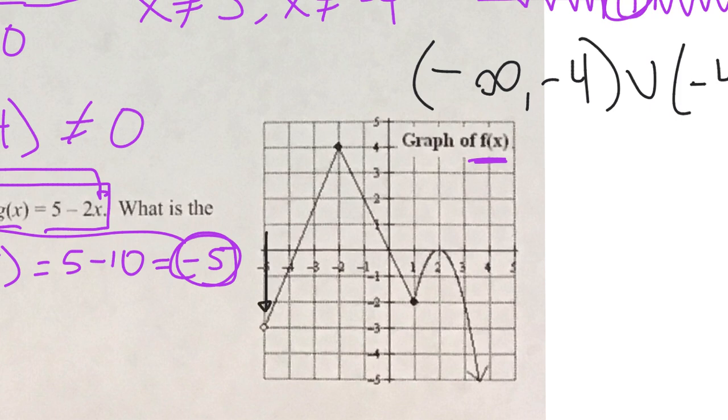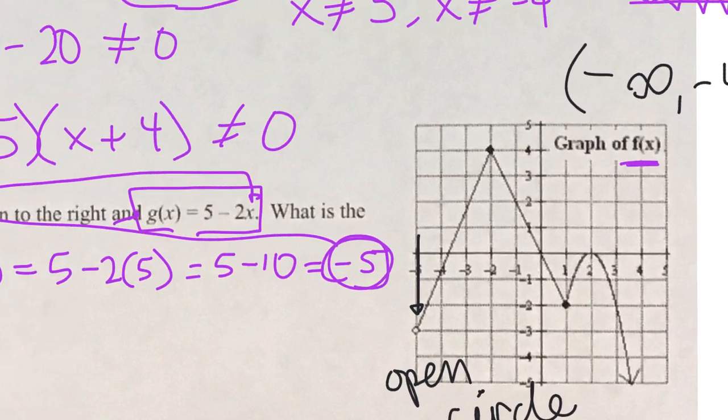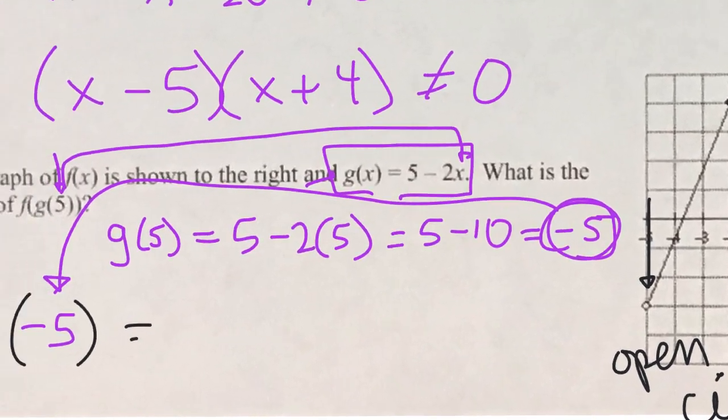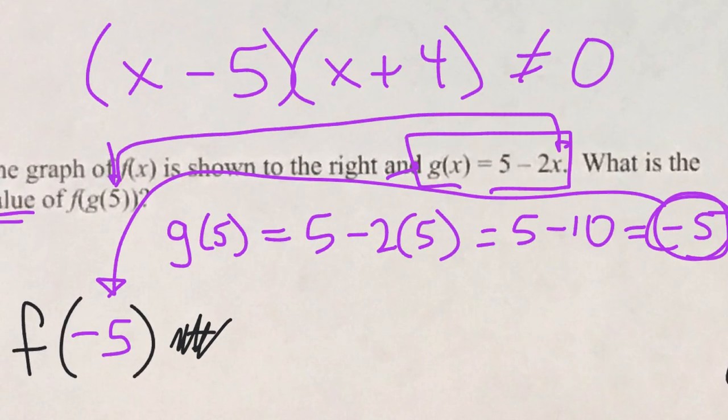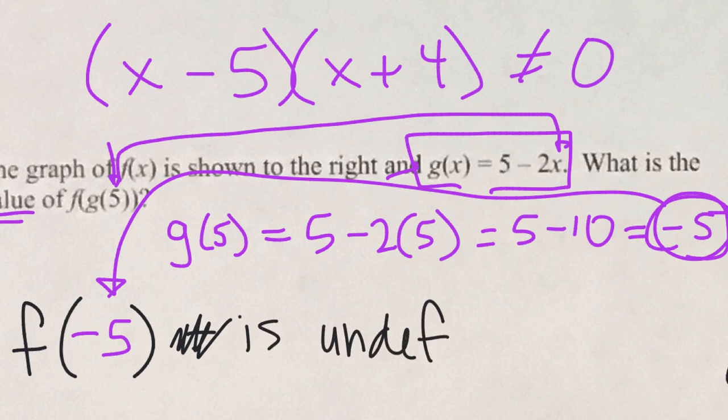and we come down and we find an open circle. An open circle means there is not a y value associated with that x value. So we're going to take away the equal sign, and we're going to write is undefined, or potentially does not exist.